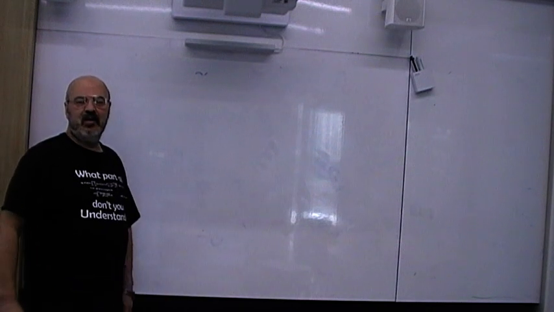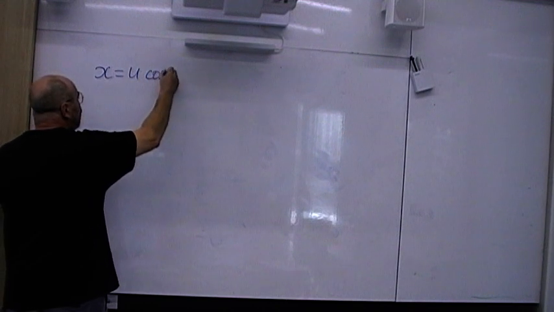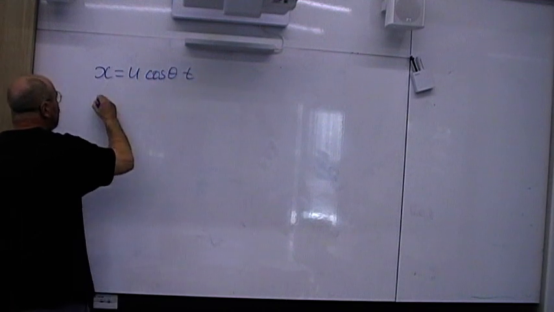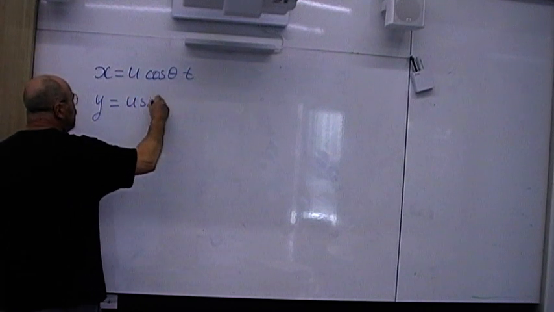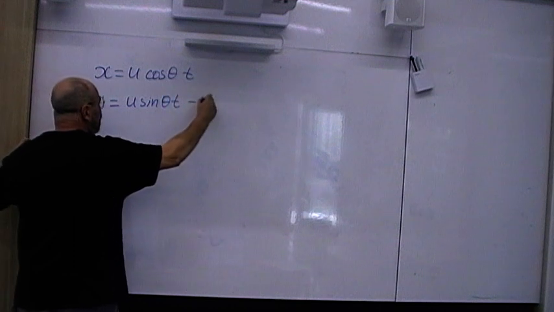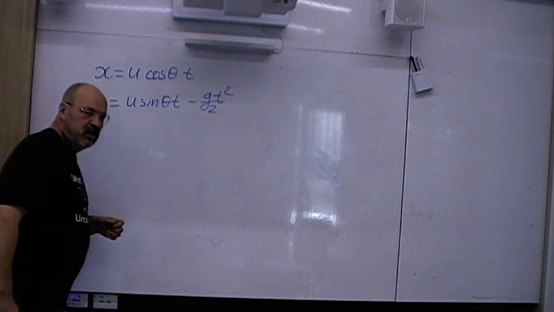If we have an object thrown at an angle to the horizontal, we have the equations of motion: x equals u cos theta t, y equals u sin theta t minus g t squared over 2, where g is acceleration due to gravity.